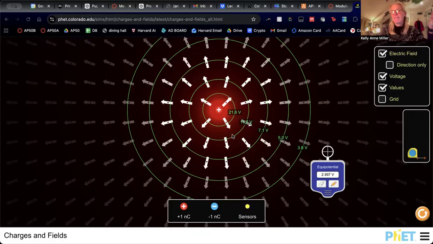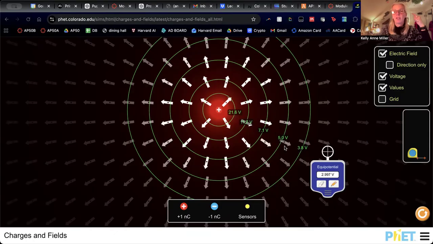This is coming back to the very first video, because I'm pushing it in this direction, but the electric field is pointing out. So it's going to be negative work, but I would be increasing the potential energy of that positive charge by moving it closer to the positive charge that's creating the field.